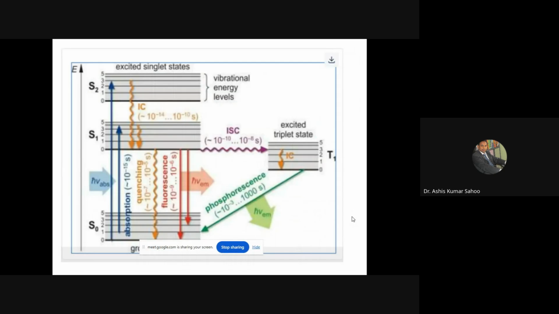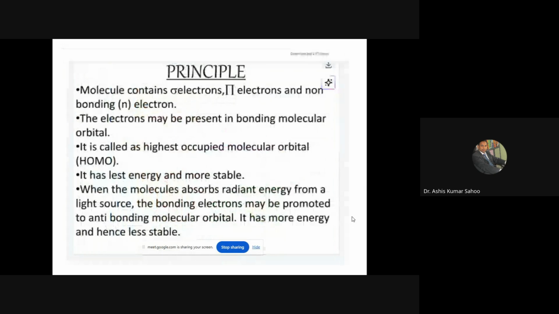So here we have S0, S1, S2, T1, etc. These transitions are known as phosphorescence and fluorescence: from T1 to S0 is phosphorescence, and from S1 to S0 is fluorescence. The principle is the excitation through HOMO-LUMO interaction.